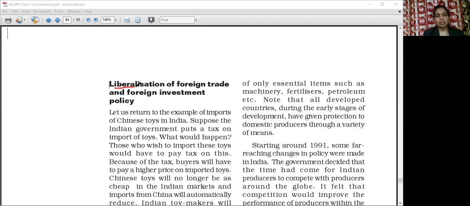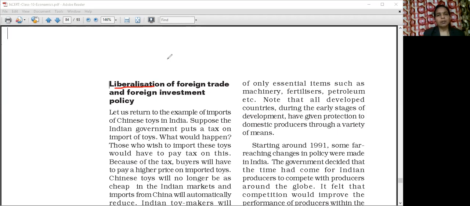Liberalization. This term is not new to you. Since the French Revolution, you have been learning about this term. In the first chapter of history, you also studied the different meanings of liberalization. In the field of economics, liberalization means freedom for trade and business.